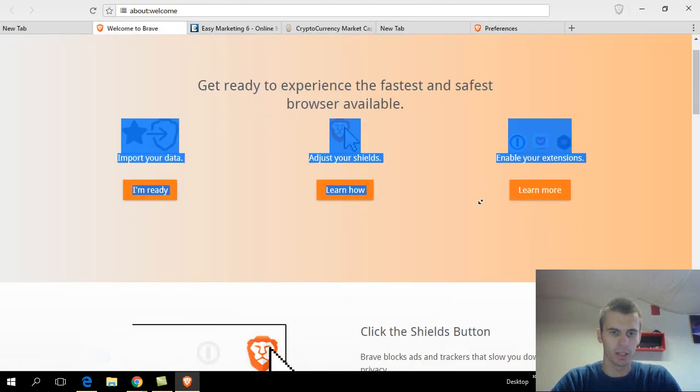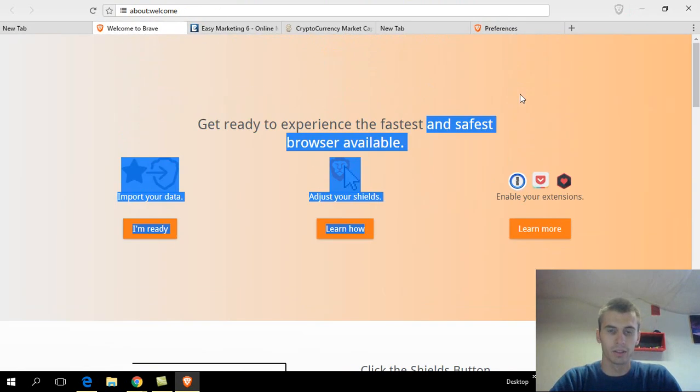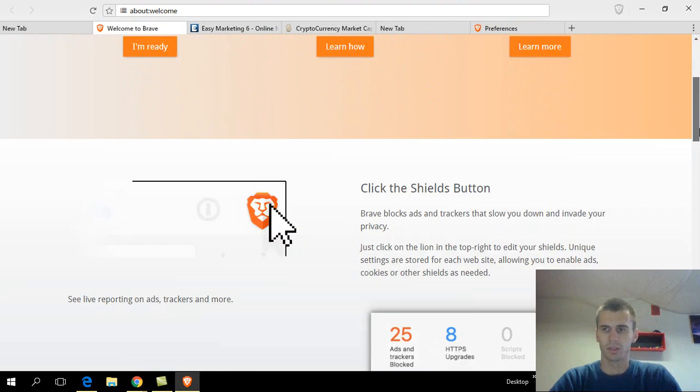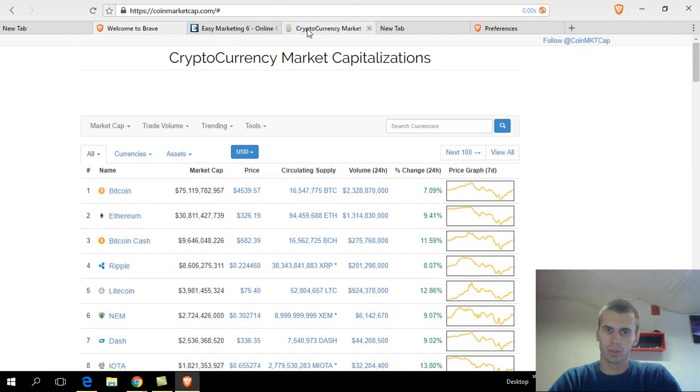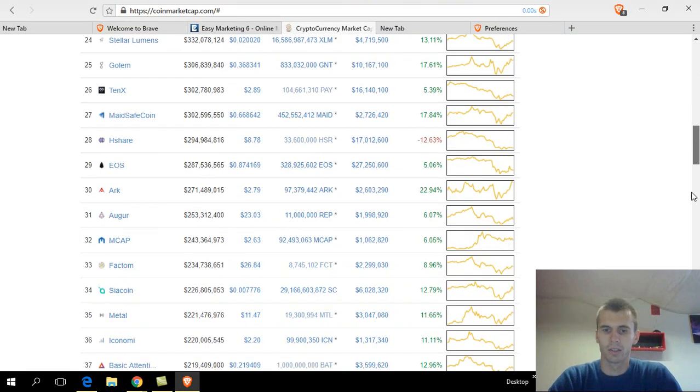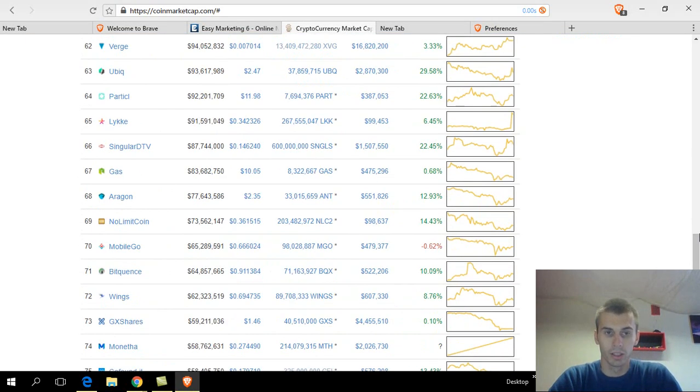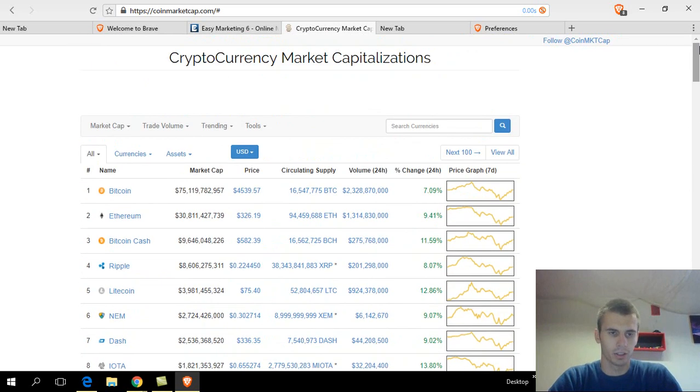So we have the Brave browser, and it's really cool in my opinion. It's very sleek, and it's really fun to use because it's really fast. They are not just claiming that it's fast, you can feel it yourself.